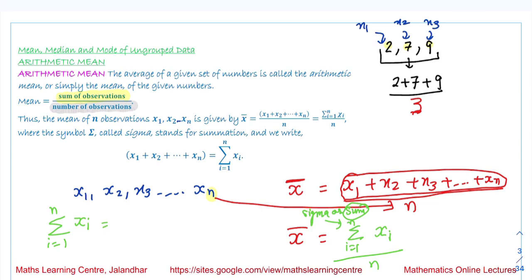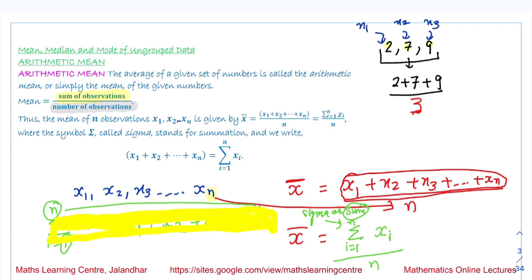What this means is that the first value of i is 1, so we write x1. Sum means we have to add these values. Next value of i is x2, next is x3, and up to which term do we want to sum it? Up to n, so we write xn. These are the sum of the values, that is x1 plus x2 plus x3 plus so on up to xn.